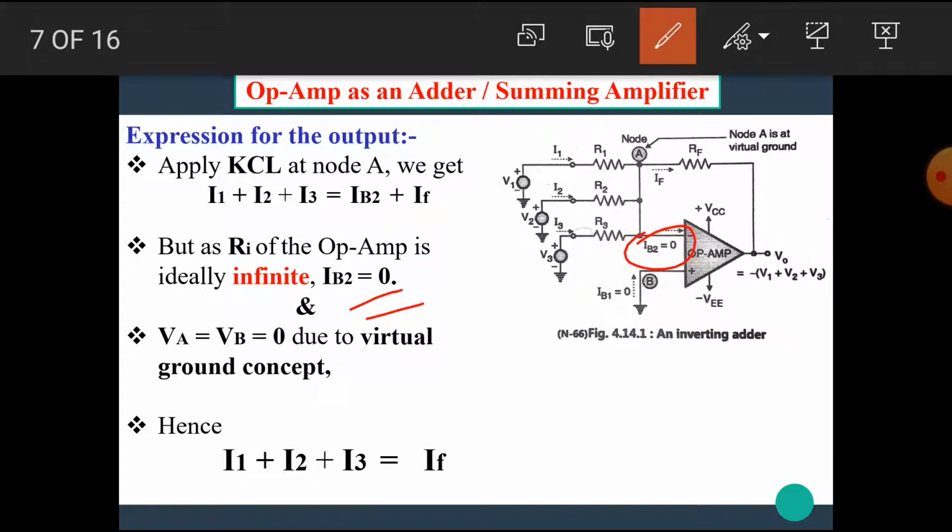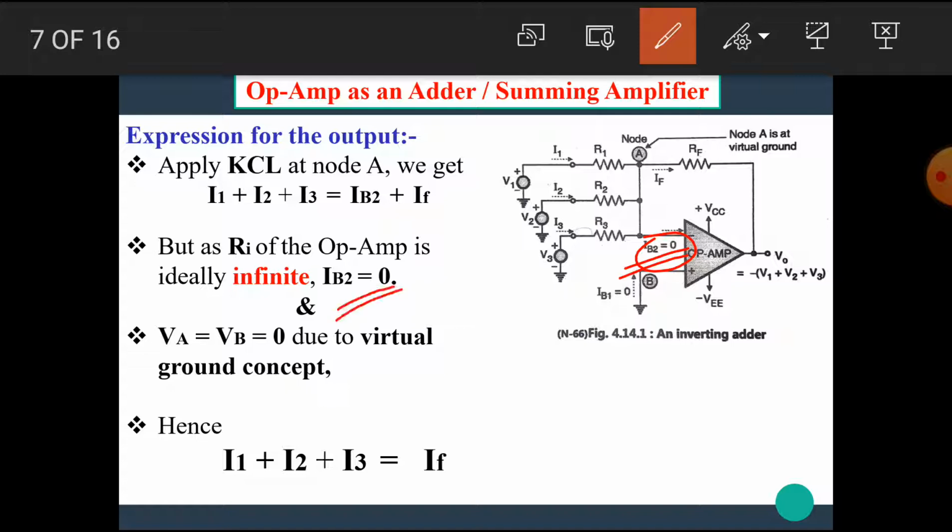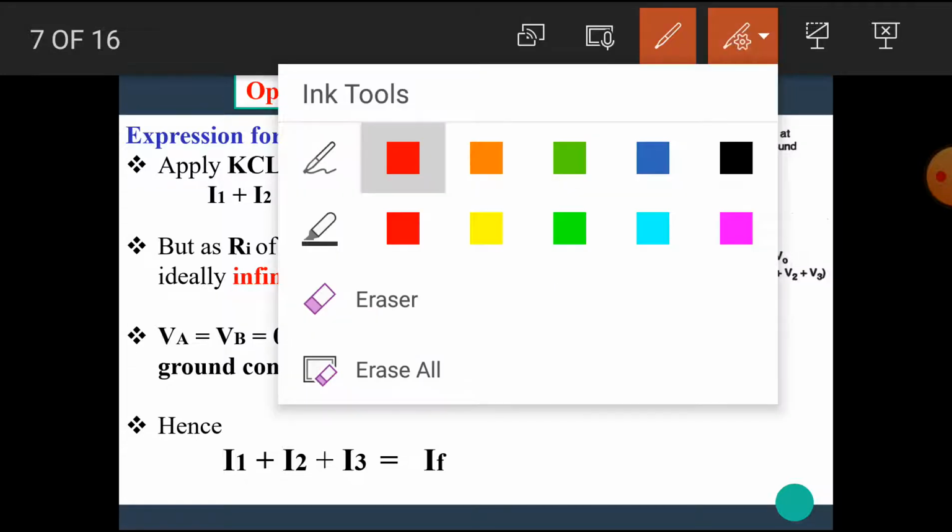I hope you all understand this concept. Let's see once again. The input impedance of the op-amp is infinity, due to which no current flows through the op-amp. Hence, the current IB2 must have the value 0.